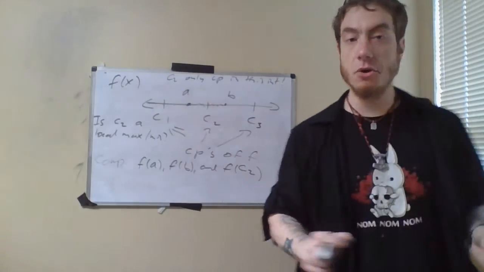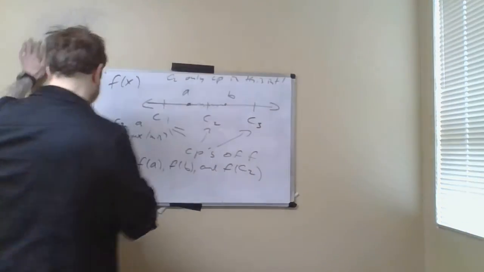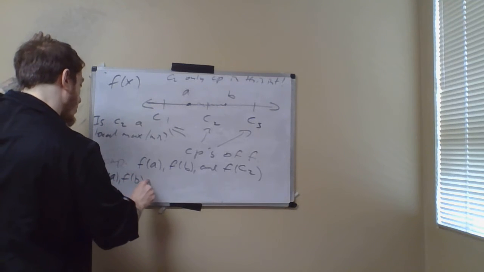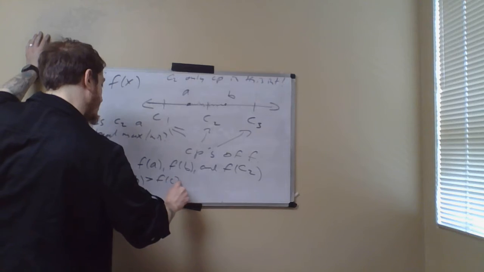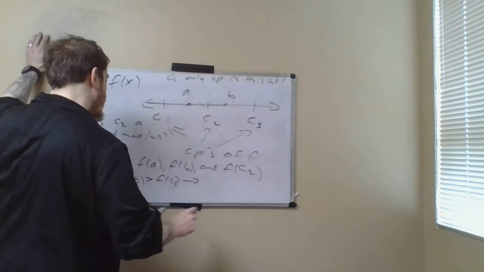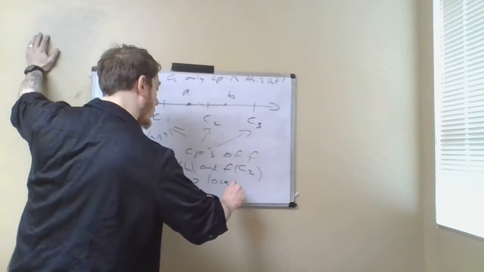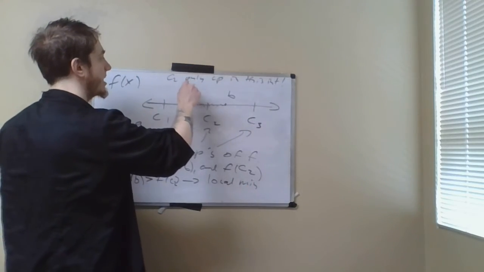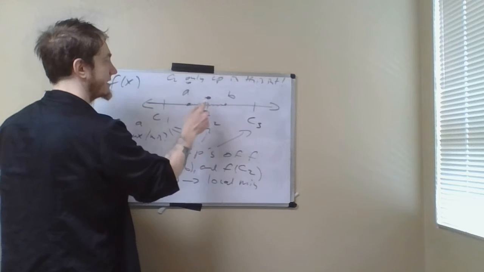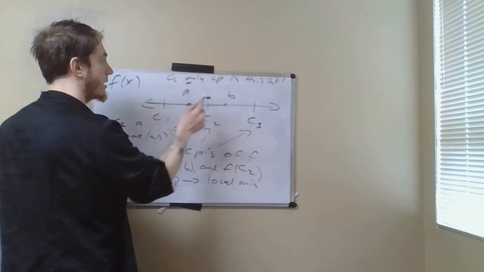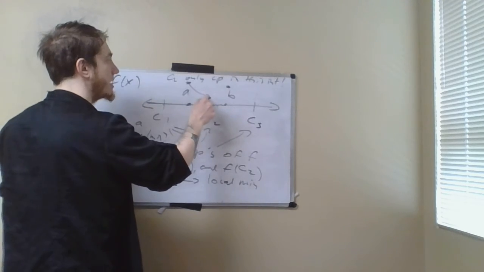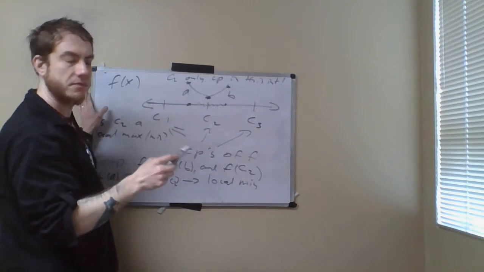And then what I can do is I can say that if f of A and f of B are both bigger than f of C2, this means that what we have is a local minimum. Why? Because in that case, what we're saying is we have something down here at C2, then we've got something up here and something up here. So that means we're coming down to a minimum and then going back up.